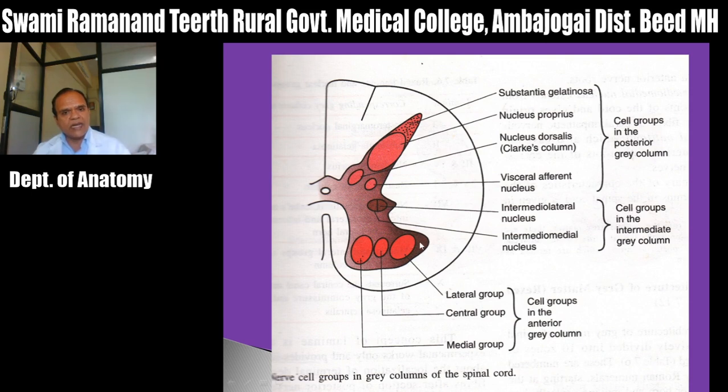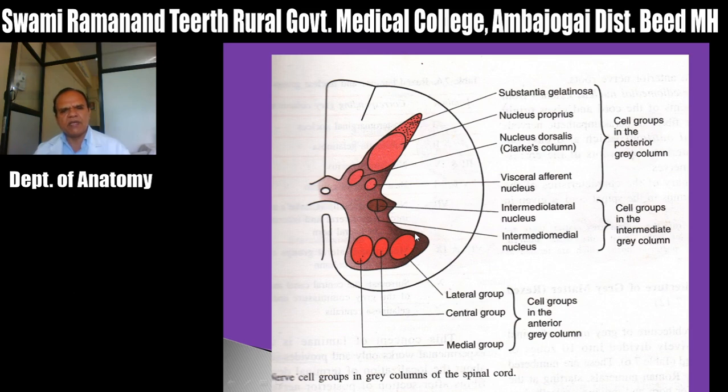So in the cervical region, the anterolateral supplies the upper part of the limb, whereas the posterolateral supplies the lower part of the limb.